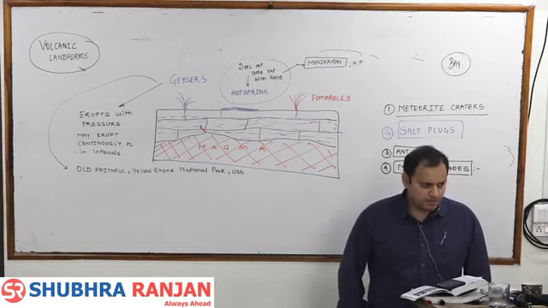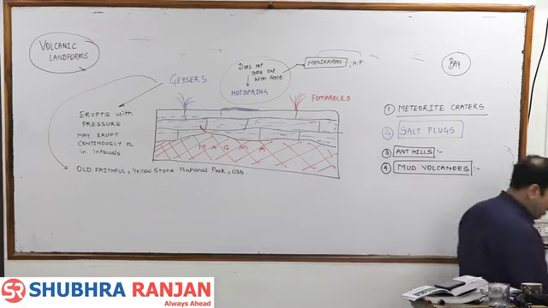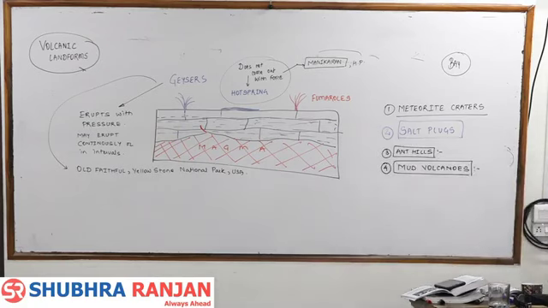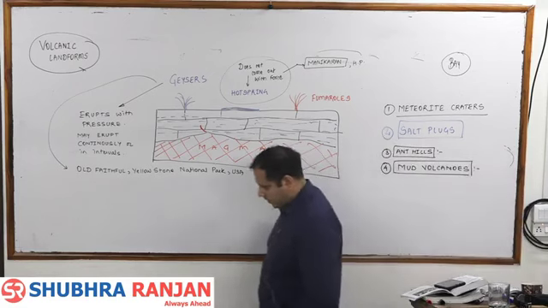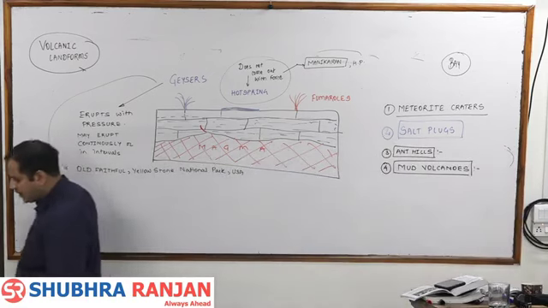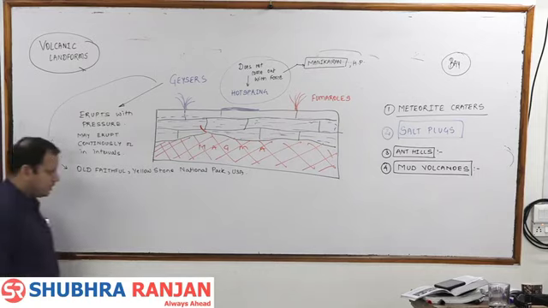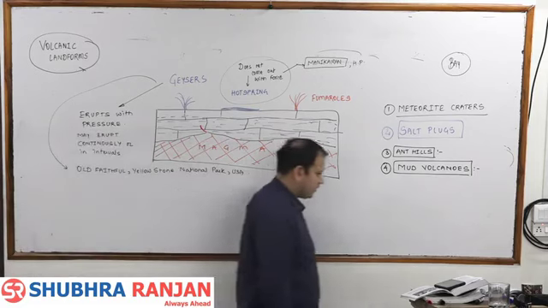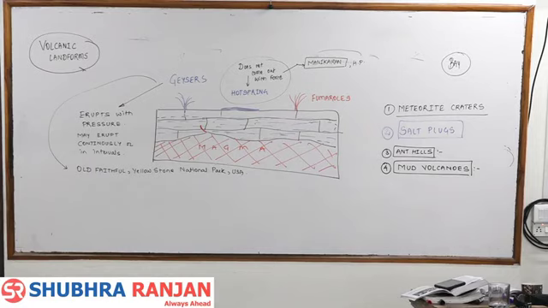This unconsolidated mud then flows down due to any trigger event such as an earthquake, or landslide, in the form of mud volcanoes.